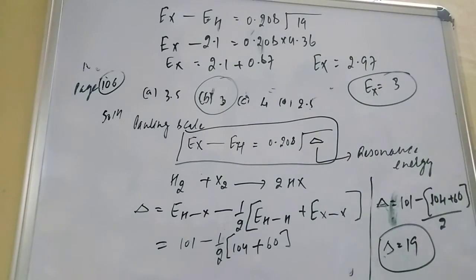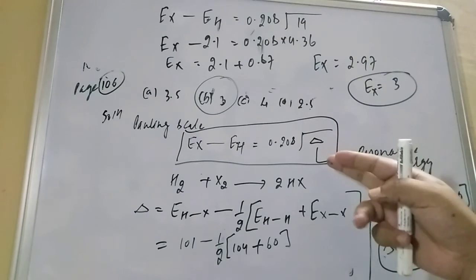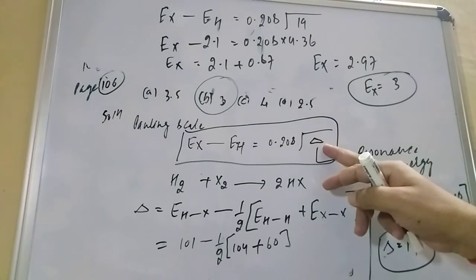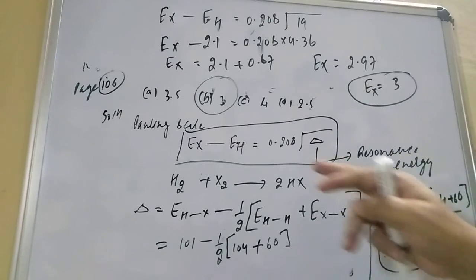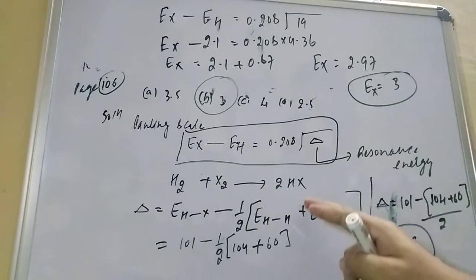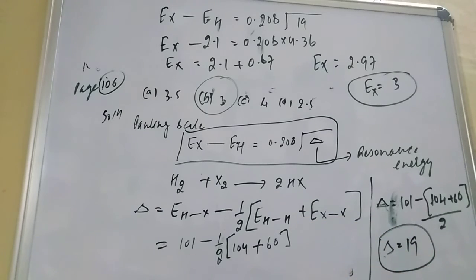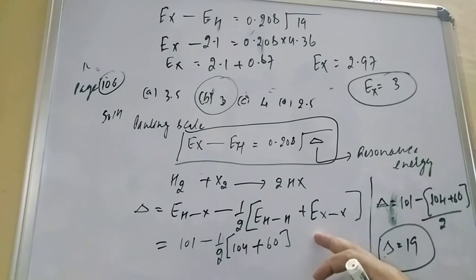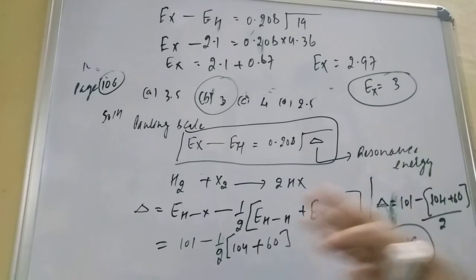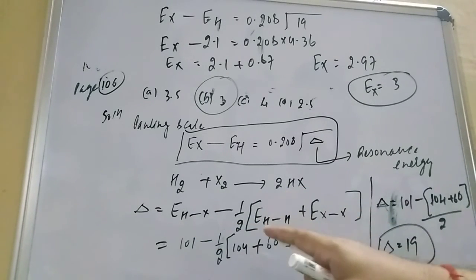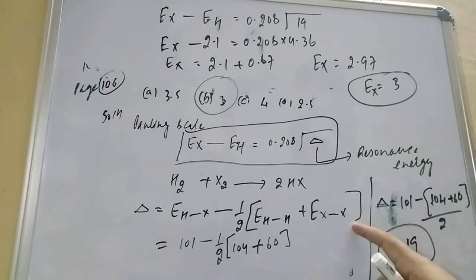You try to understand, student, this is the Pauling scale that has been already taught during the lecture. In this, we have to calculate the resonance energy. Firstly you have to frame the equation. After framing the equation, what you will be able to get is bond enthalpy of product minus bond enthalpy of reactant equal to the resonance energy. HX is the product, HH is reactant, and XX is reactant.